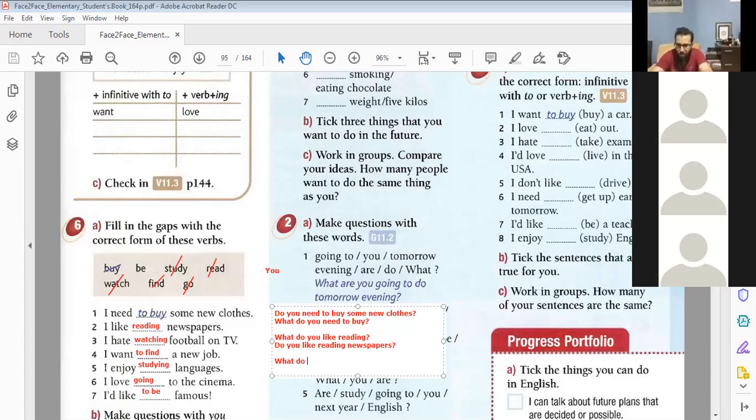What do you hate? Of course, here the verb we have is hate. What do you hate watching? And what's the other question with yes, no? Do you like watching football on TV? Why did you change the verb like? You have hate. Do you hate? Yes.